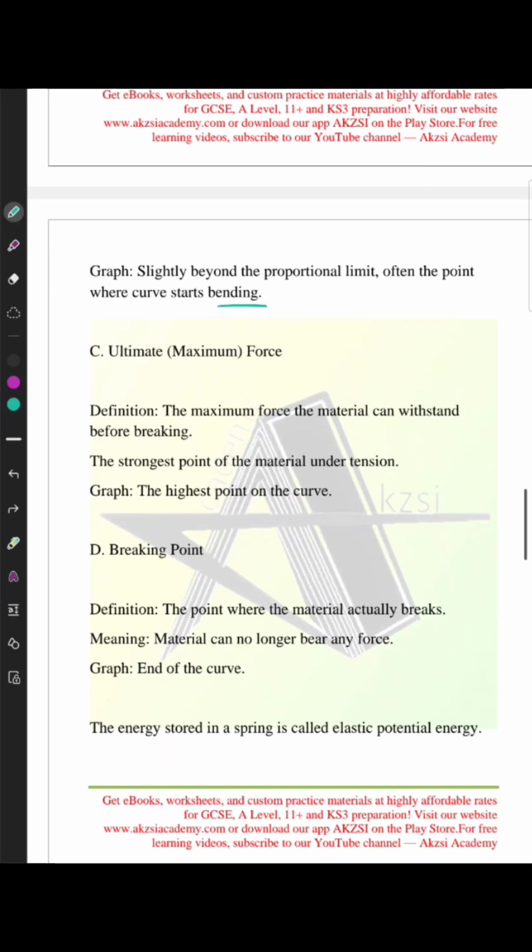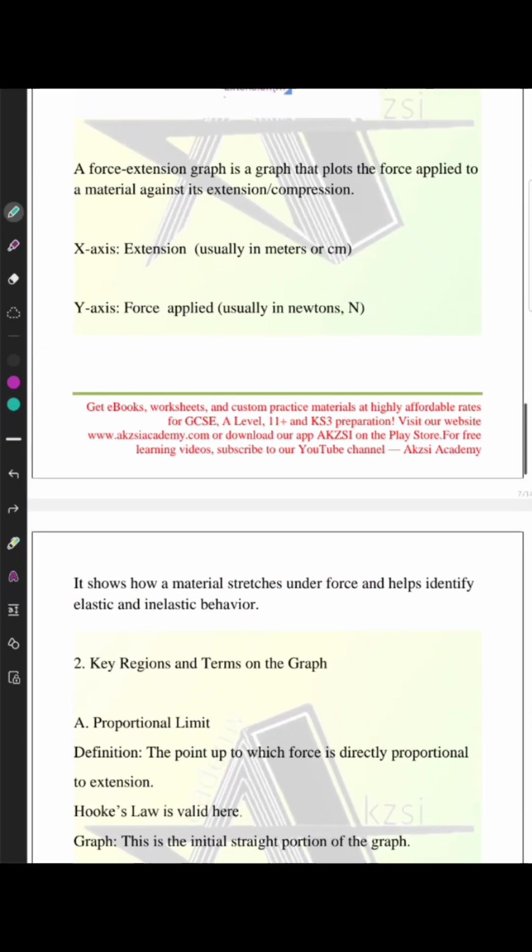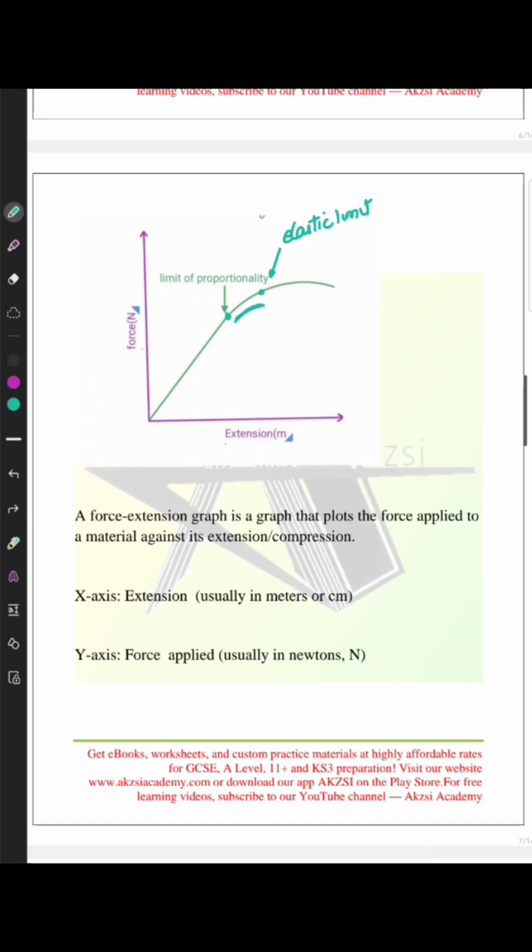Ultimate or the maximum force. On the graph, the point of the maximum force means this is the maximum amount of force that a particular object can bear before breaking, and that's your ultimate or maximum force. In this graph, I can clearly see this is that point.